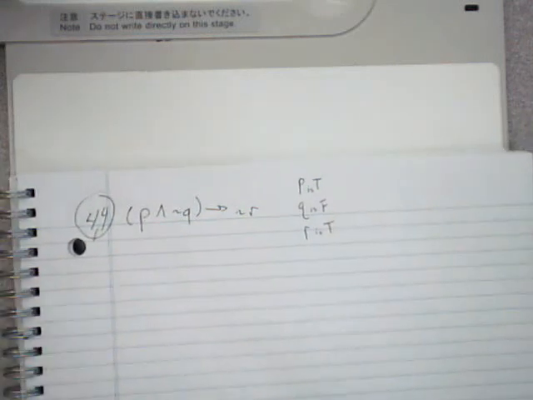So you just work through it like one row. It's like one row out of a truth table. That's all you're going to do.